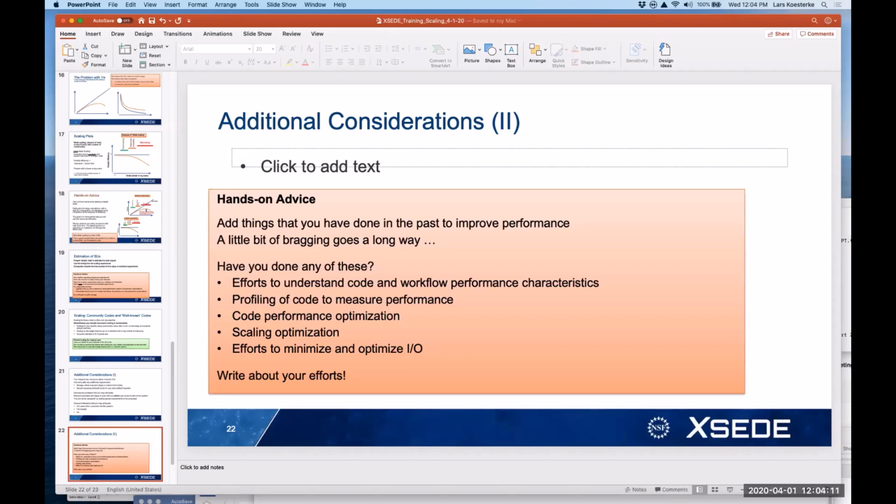No cluster gets very old in XSEDE, so the architectures are very often comparable. Then you can make an argument that, hey, we tested it on Comet, and now we want to use the cluster in Pittsburgh, and you can work around that. But if you feel that you need absolutely testing on the targeted system, then ask for a supplement.